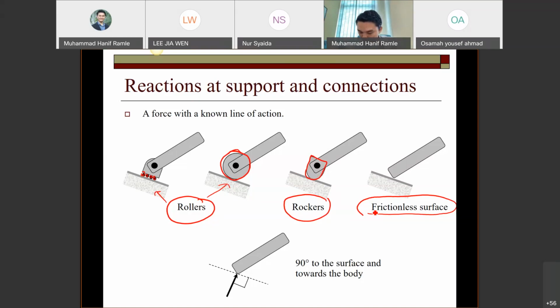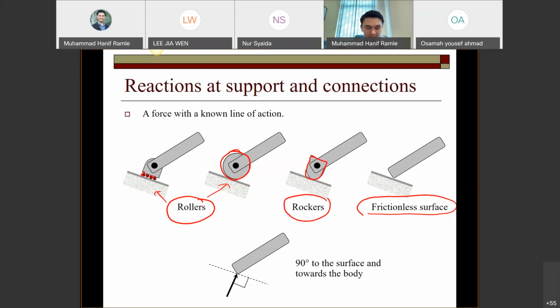And the last one, without any rollers or rockers, there is only a single rigid body there. It also touches the surface, but frictionless, without friction.